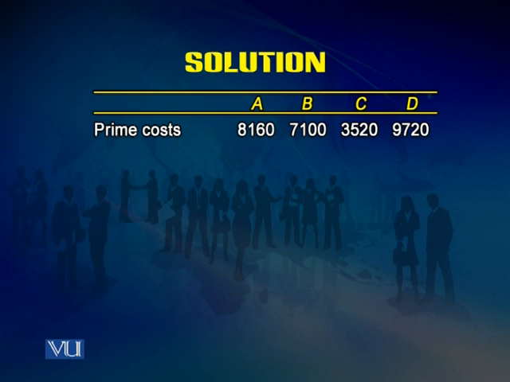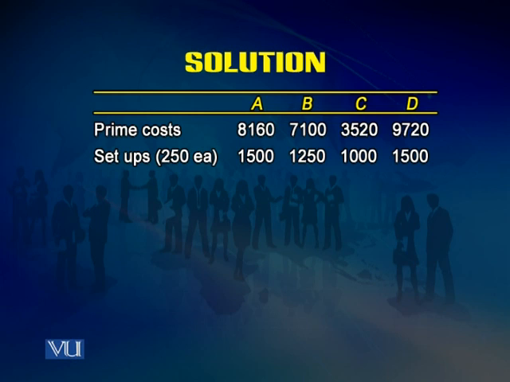In our example, direct material was rupees 40 and direct labor was 28, which gives 68 per unit. The number of units was, in the case of A, 120 units. So when we multiply the per unit prime cost of direct labor and direct material with the number of units, we arrive at the prime cost. In case of A, it is 8160, B 7100, C 3520, and D 9720.